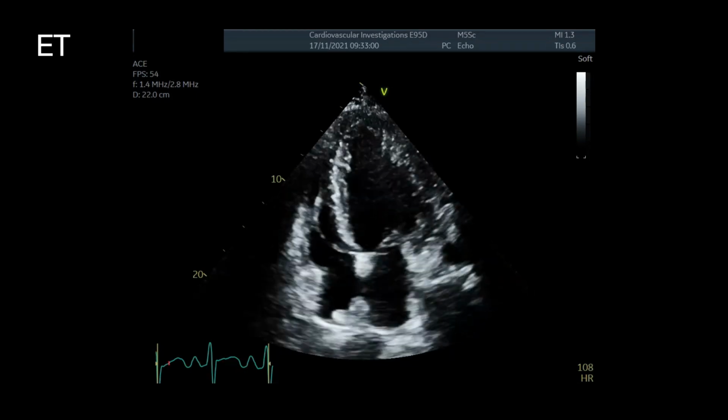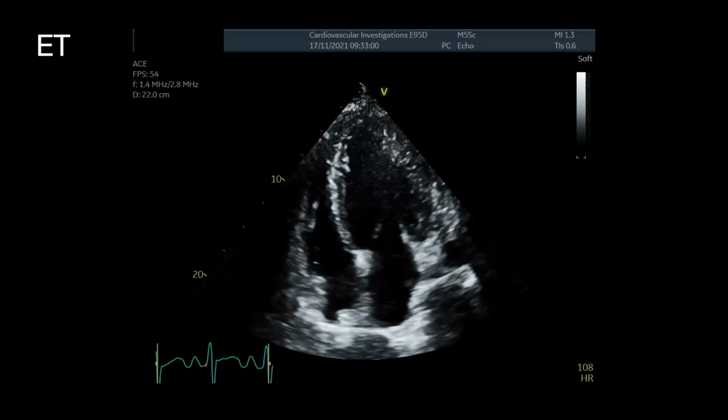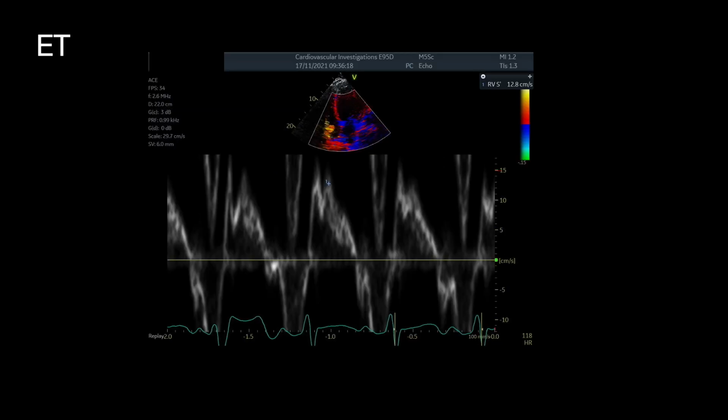The RV function looks more vigorous than the LV function, but probably still a little bit depressed. And then the RV function has been measured with an RV S prime, which is actually normal at 12.8 centimeters per second.